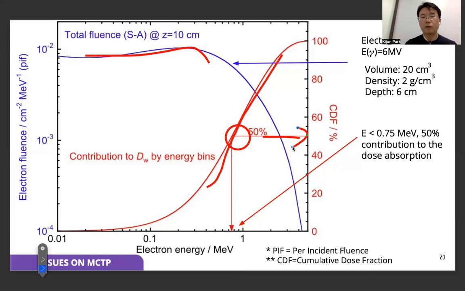So the calculation of electrons for these regions contributes only 50% of the dose, while another 50% is going to be lost. So the contribution to the water by energy beams has to be taken into account.